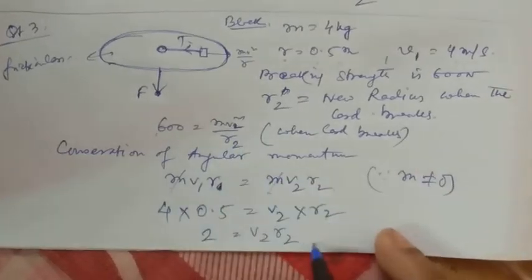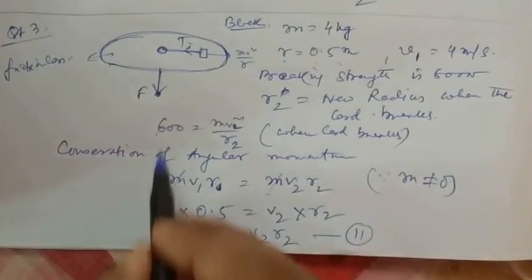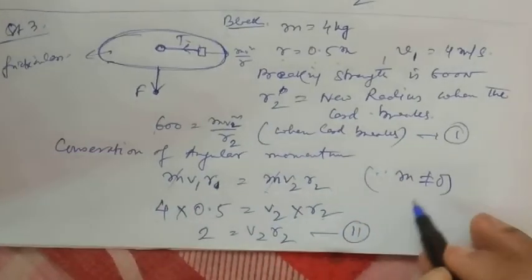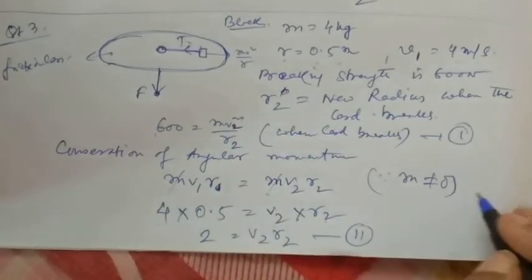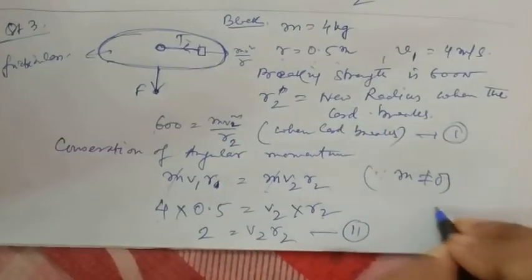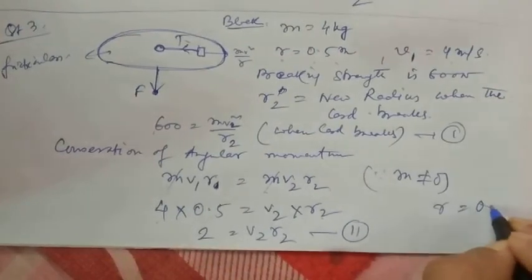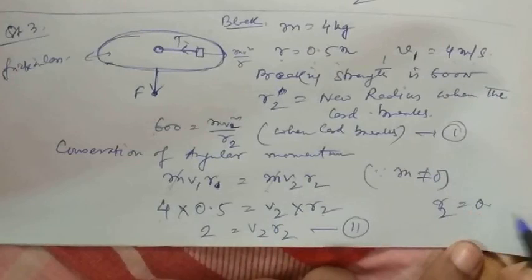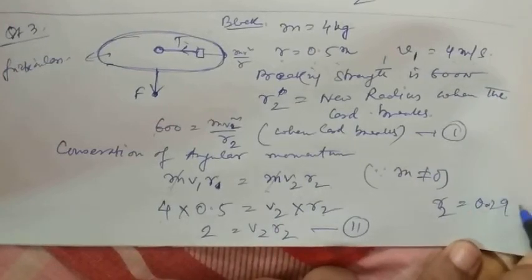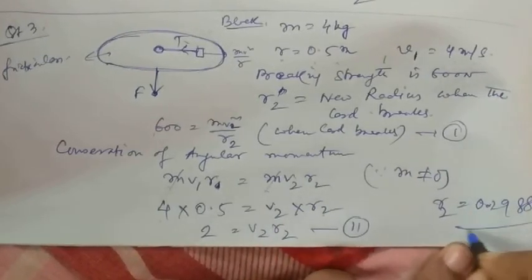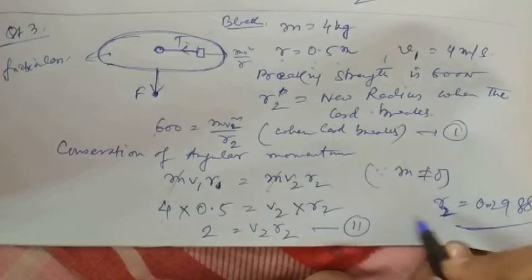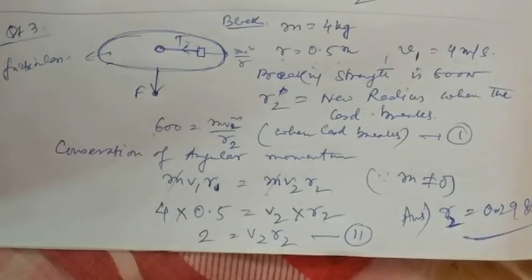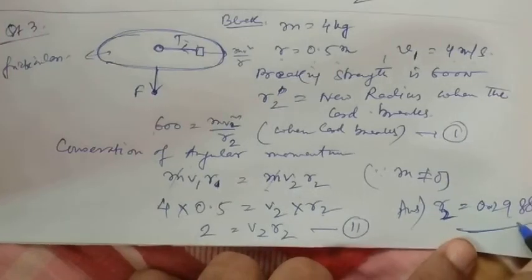This is the second relation, and this was the first relation. So we have to solve these two equations, and we can get the value of r2 as 0.2988. The answer, r2 is equal to 0.2988 meter, I suppose.